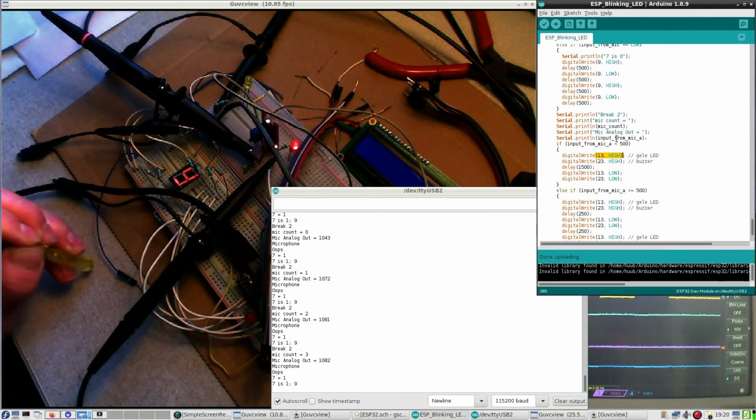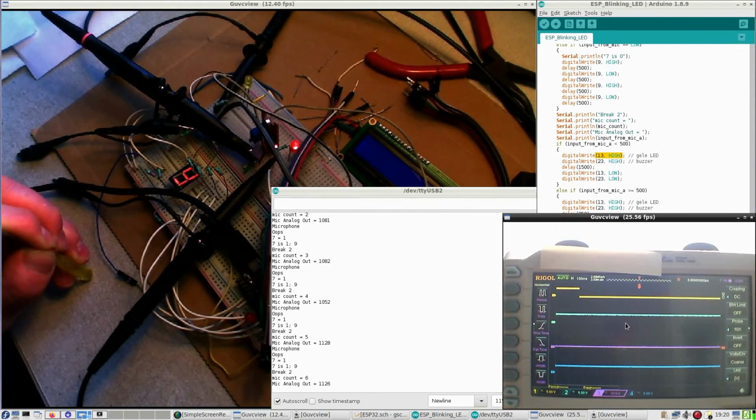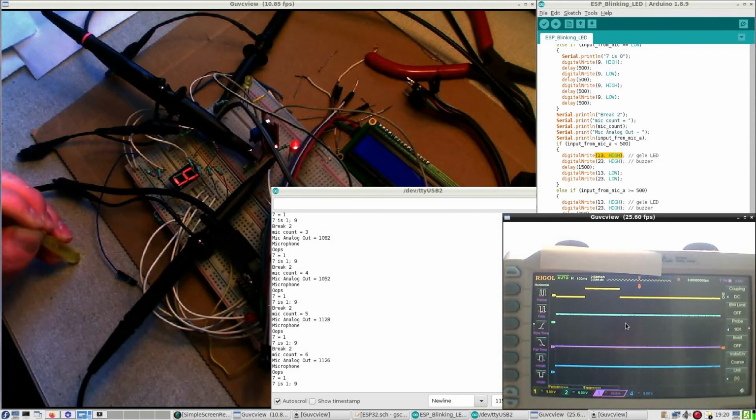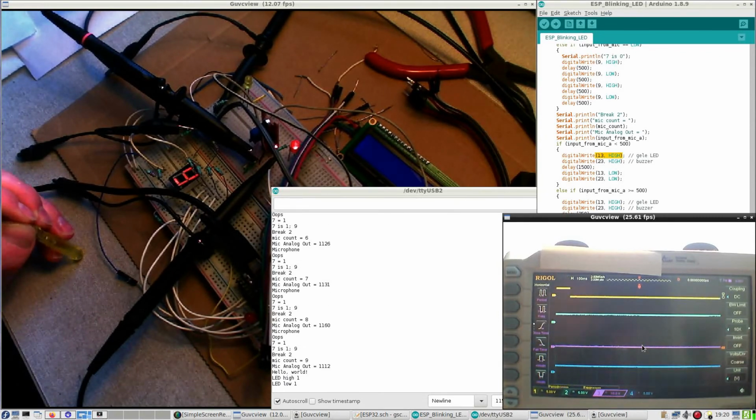Giving signal. Come on, you should read something. So this is 10 volts. Oh wait, if there's no, I have to do different, 1 volt.